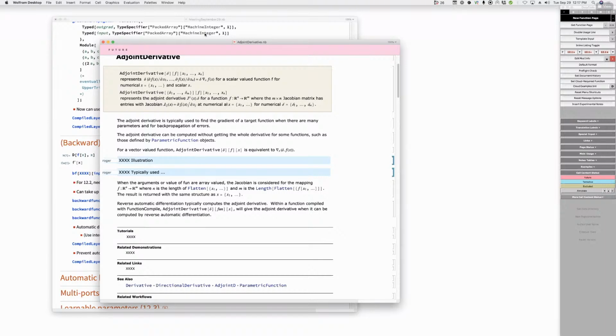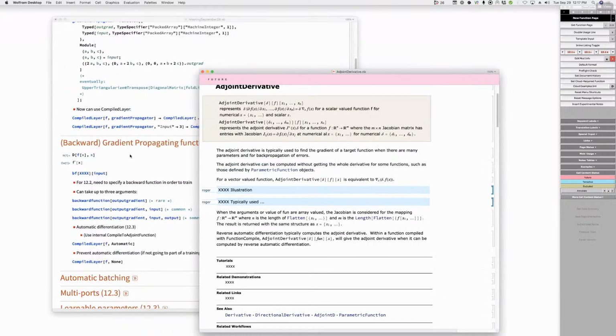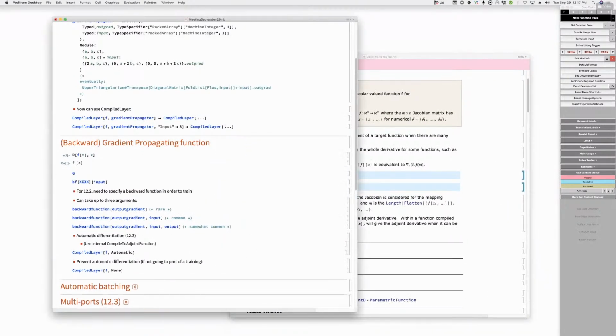Just to write this out, this is basically the gradient of vec dot f of x with respect to x. Precisely. Okay. And for some reason, you want to write this whole thing as a function. Okay, I can see why you're doing it in the order you're doing it. It makes some sense.